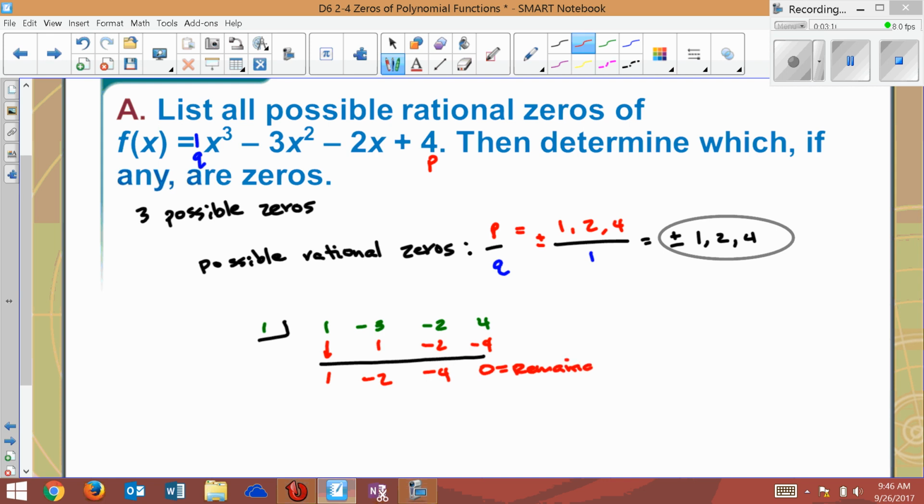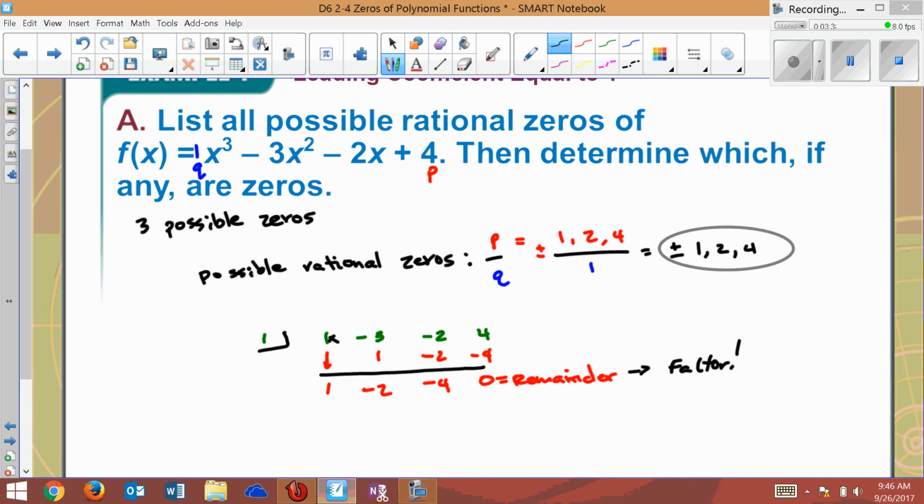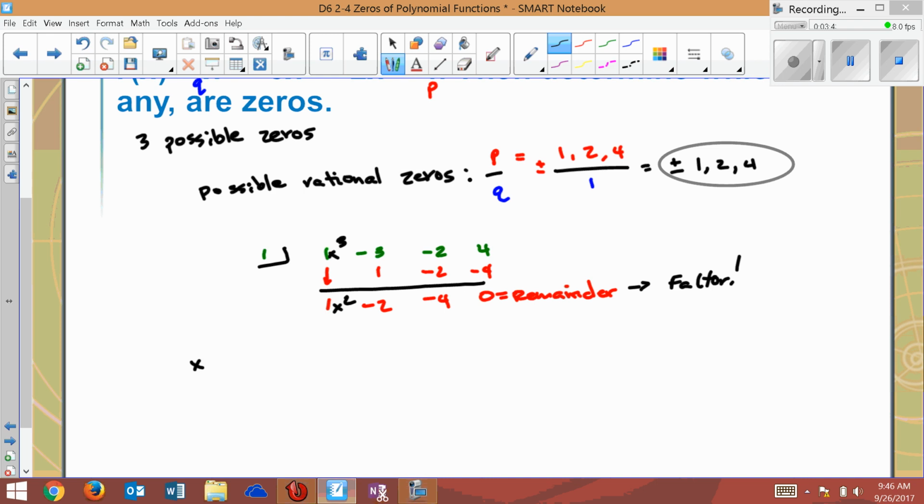And if that's a remainder, I didn't spell it remain. Oh, yeah, I did. There it is. Remainder. That means it must be a factor. It's a factor because my remainder is 0, okay? So now, let's remember this started off as x cubed here. That means this one is x squared. You could just use the x method to find other factors. So that's my x squared term, that's my x.